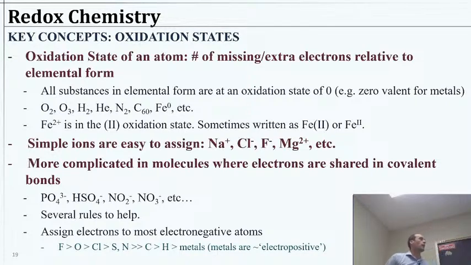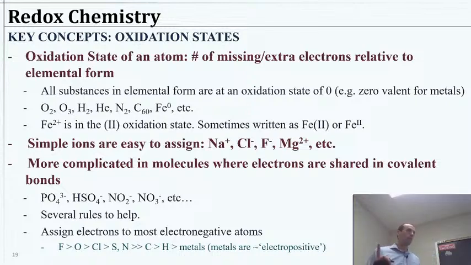Now, it's not too different in simple cases from just writing Fe2+. If we just had Fe2+ in solution, we already know that's the 2+ oxidation state. But in other cases where you might have some other stuff involved, maybe it makes sense to define that or be pretty clear. So simple cases are pretty easy to assign.